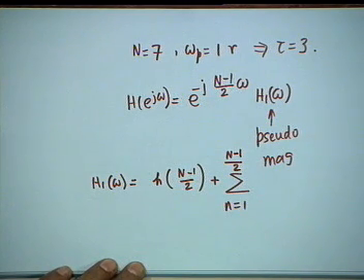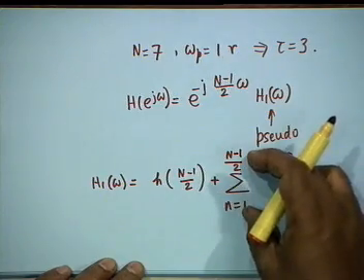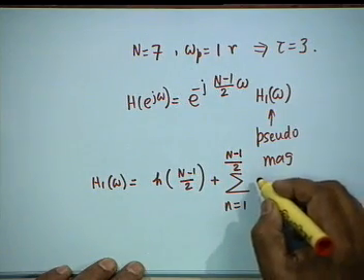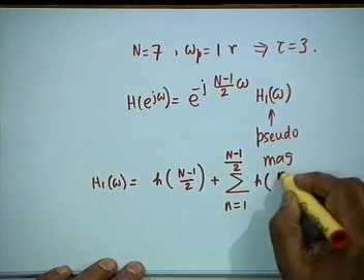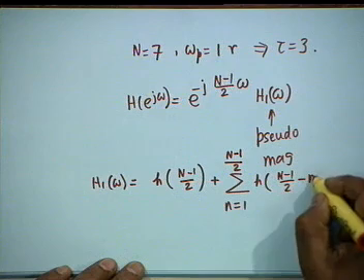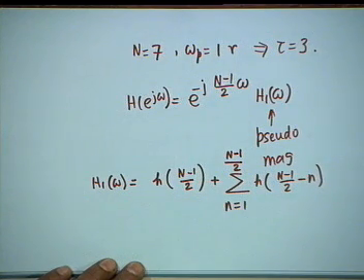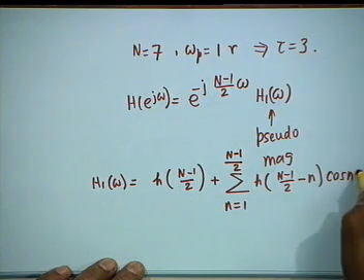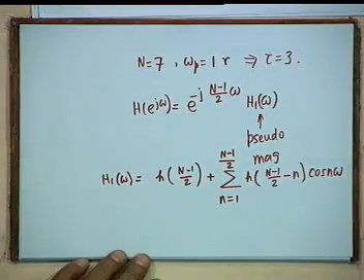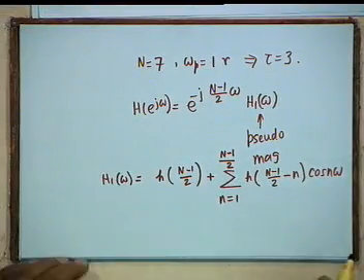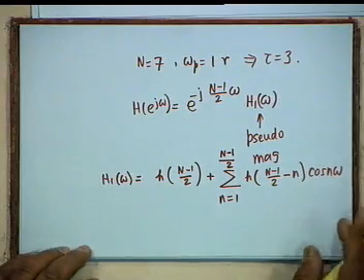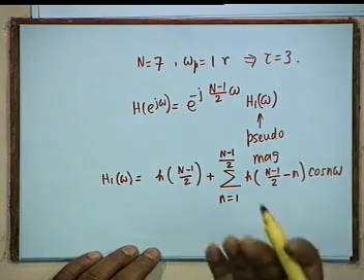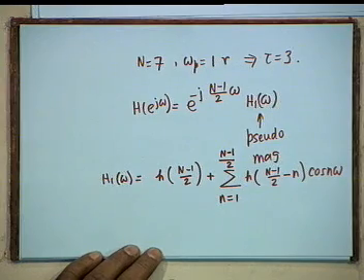Capital N is odd, therefore you shall have this many terms plus one extra term, and the h is h of (N minus 1) by 2 minus n. Yes, that is correct. Cosine of n omega. This is the formula. I hope I have written it correctly. You require this formula to be able to estimate what you have achieved by the windowing technique.